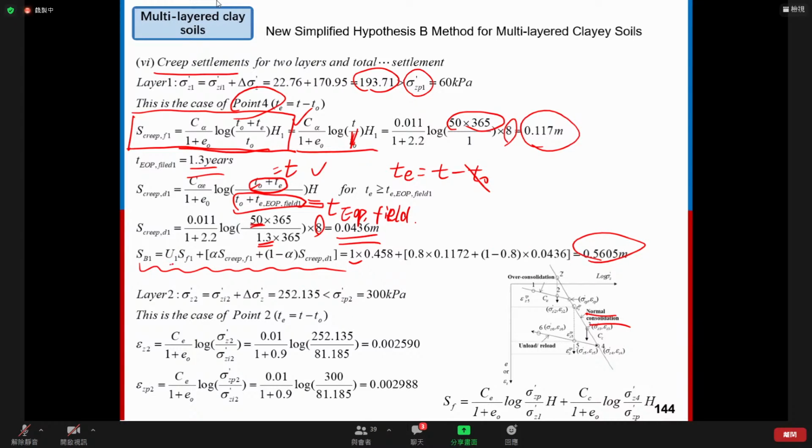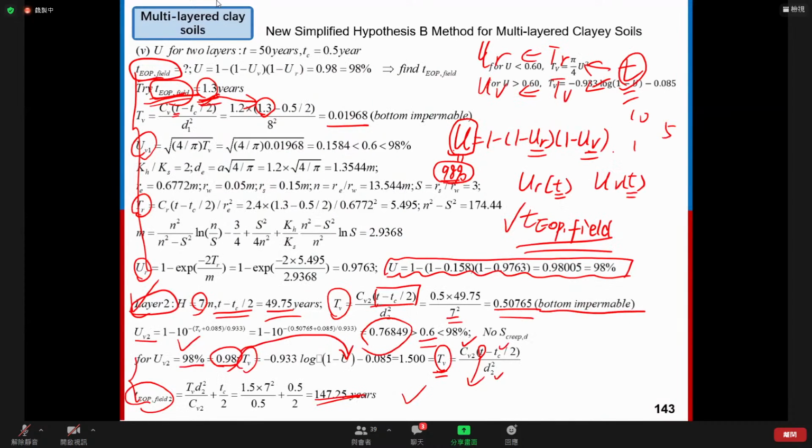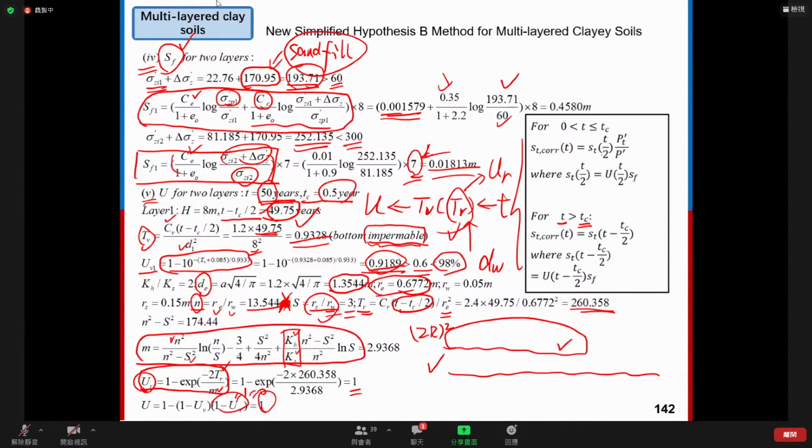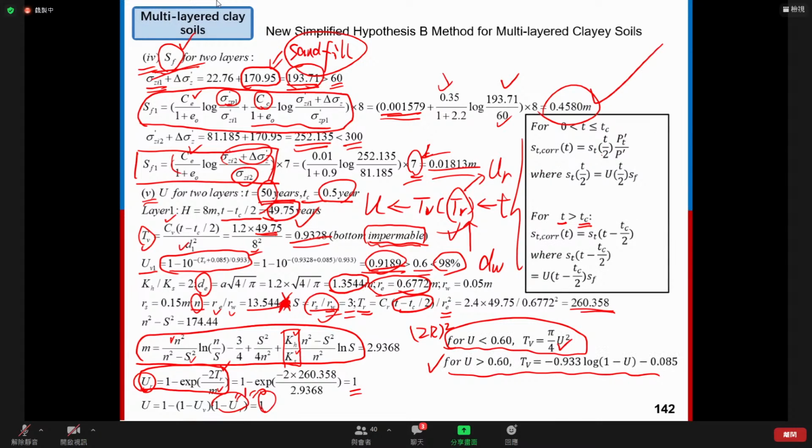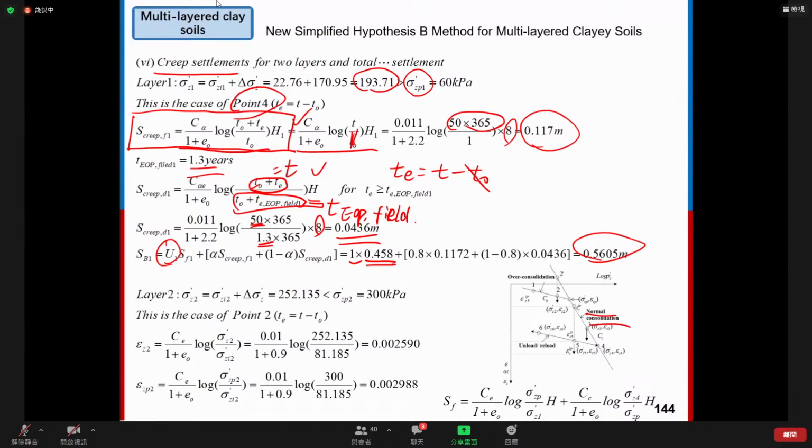U is already calculated for the first layer, which is equal to 1. And the final settlement, SF, we also calculated before, here, the SF for 2 layers. We just use it. Then we get this result.